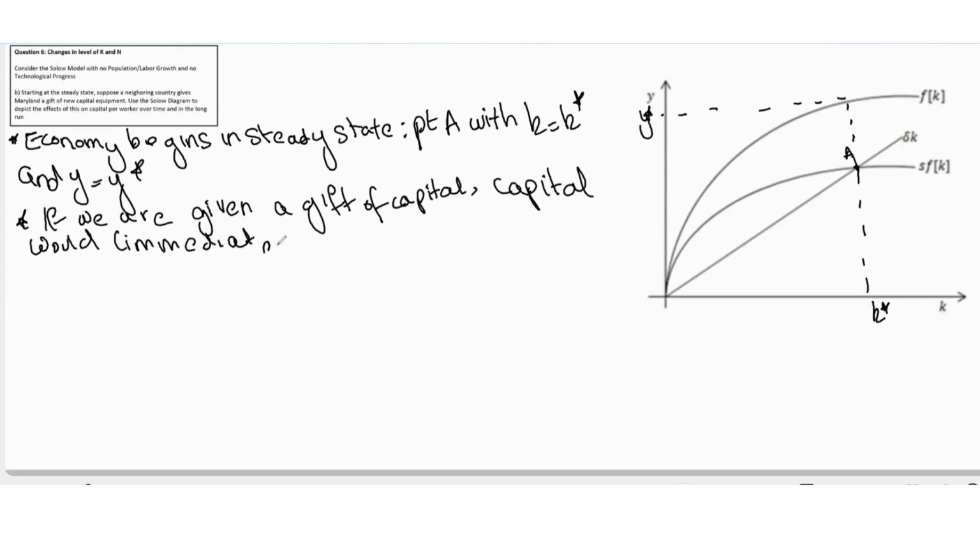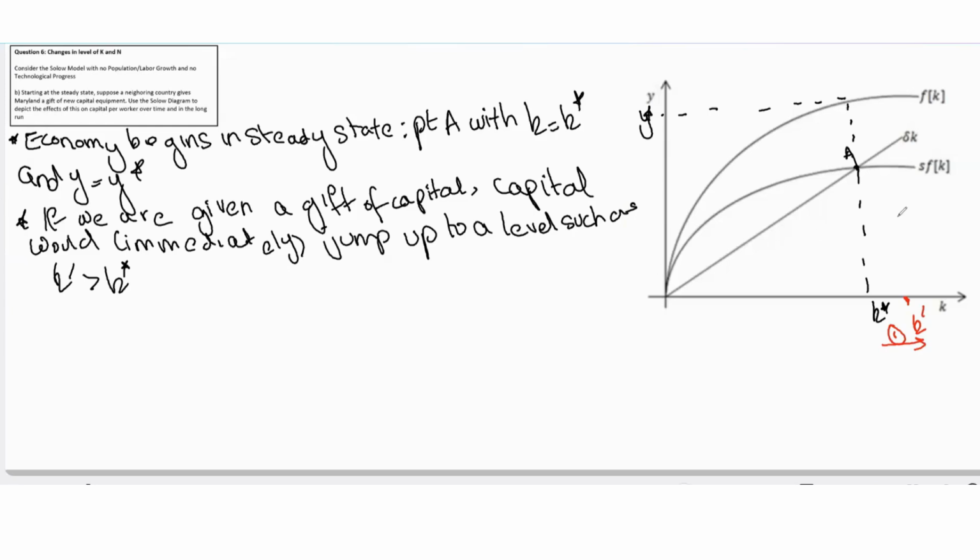Capital would immediately jump up to a level such as K prime, greater than K star. As a result of this gift, capital immediately jumps to a higher level, let's say here, K prime. So we see this movement, that you jump from K star to K prime.